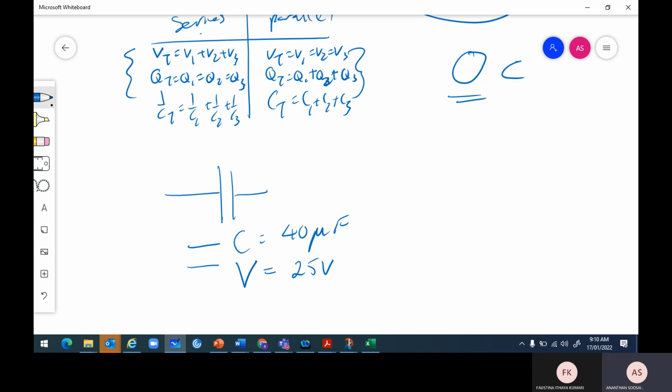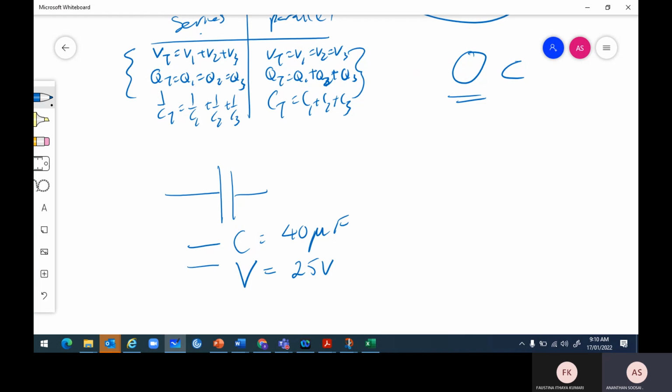What's the meaning of that 25 volt? You can't apply more than 25 volt to the capacitor. More than 25 volt, it explodes. The plates have a vacuum between them, so if the charge builds up a lot, the charge can cross the plate. High potential, so it explodes, like lightning can happen.